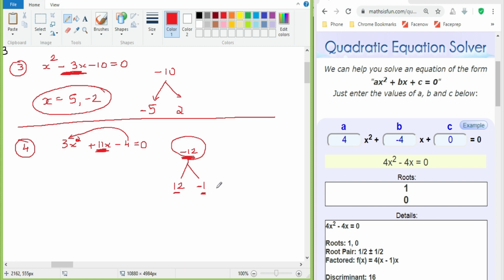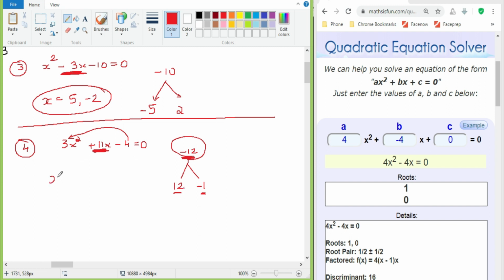Whenever the difference between the tree value and b is 1, we can directly take the options as 12 and 1, except when it is 6 and 5. Getting it? Because 2 plus 3 gives 5 and 2 into 3 gives 6, which will indirectly match on the other side. So here I can directly say 12 and minus 1. As I have already told, when the coefficient of x is positive, the bigger term should be positive. So this is done with the branch value.